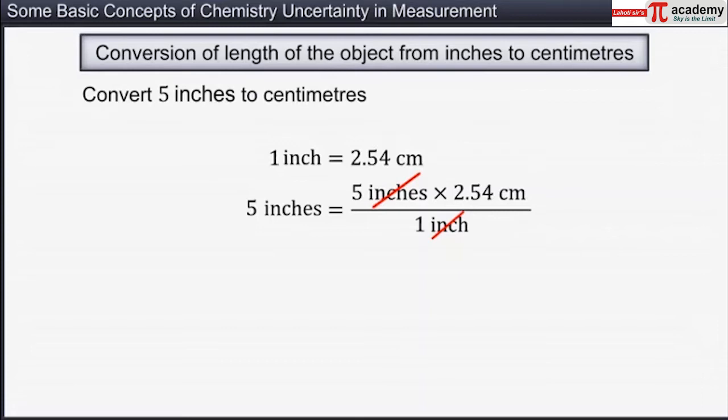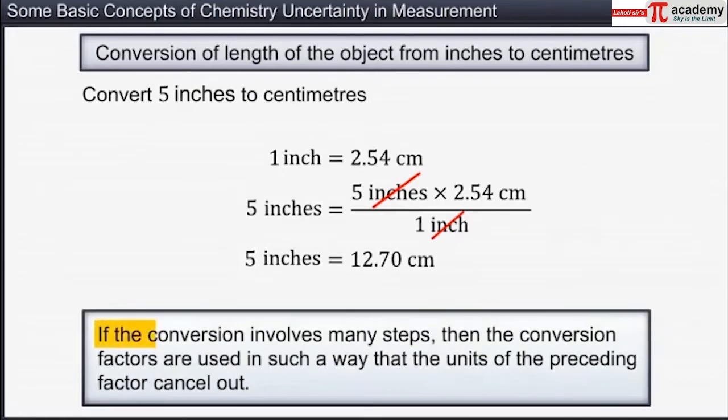This means that the numerator should have that part which is required in the desired result. Thus, 5 inches is equal to 5 inches multiplied by 2.54 centimeters by 1 inch. Thus, 5 inches is equal to 12.70 centimeters.